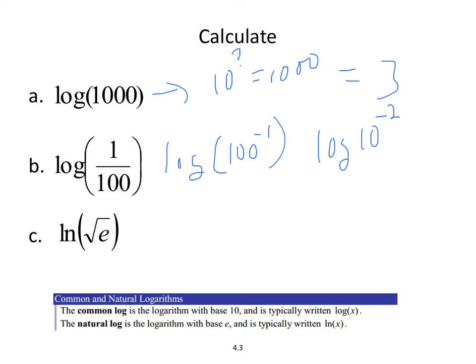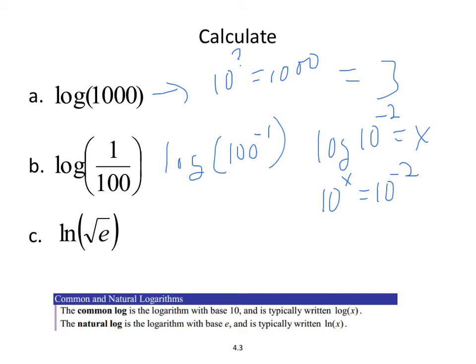Let's just rewrite this as an exponential. So I know that 10 raised to some power equals 10 to the negative 2. Since the base is the same, those exponents have to be the same. So it's equal to negative 2.